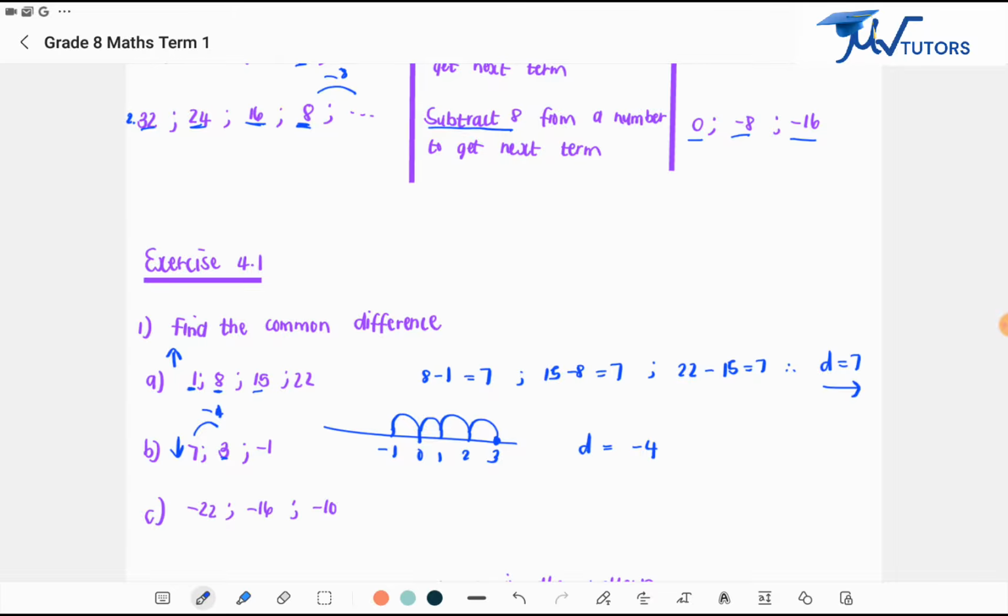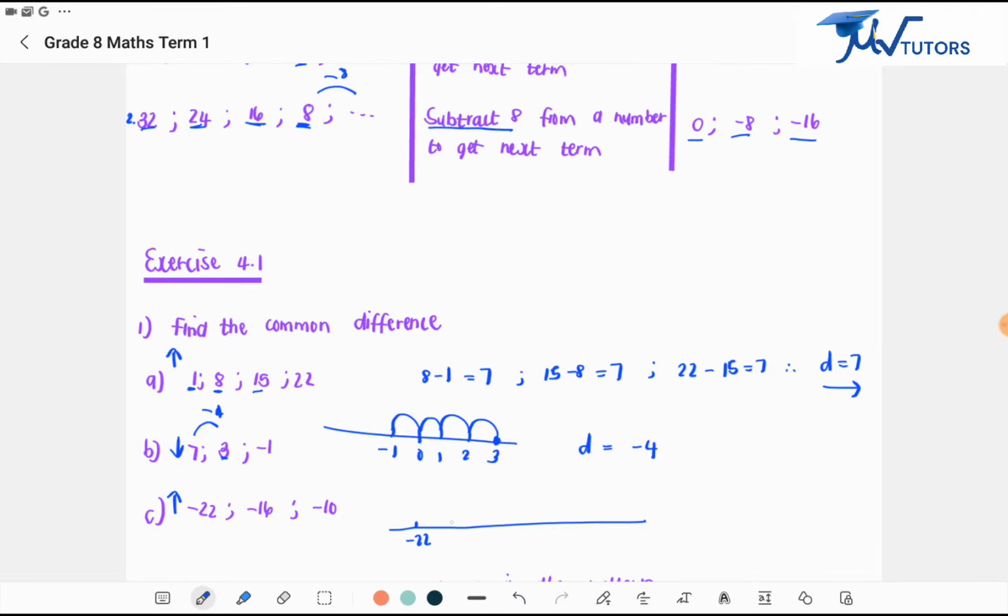And then here, this exercise C, I have negative 22. My next term is negative 16. And then my last term is negative 10. So basically, I have an increase in this trend. I'm adding something. Again, if this is a little bit tricky for you, draw for yourself a number line.